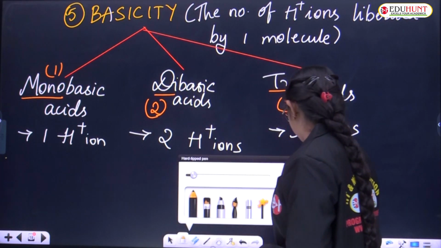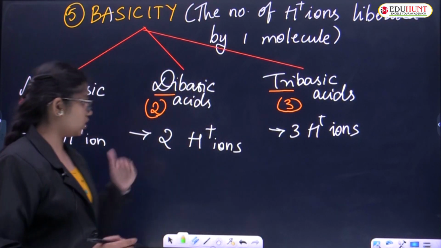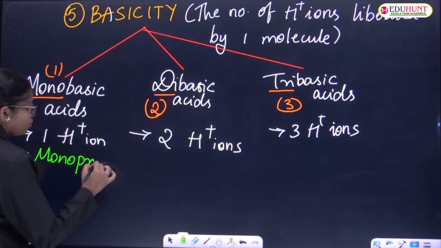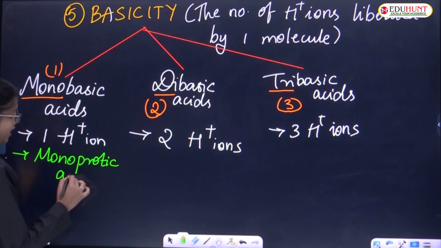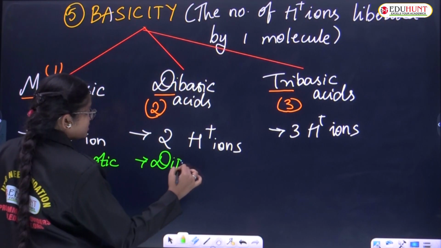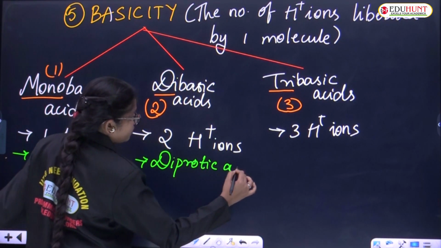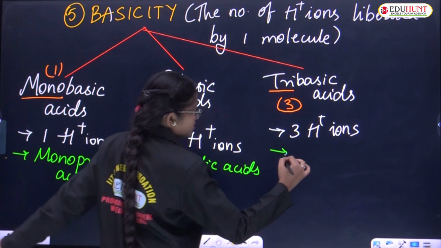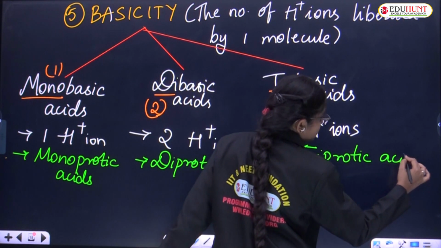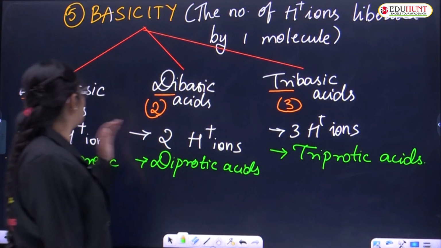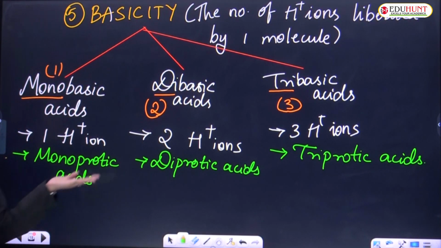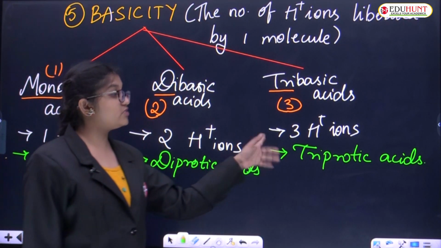There are also other names for these three: monoprotic acids, diprotic acids, and triprotic acids. These are the other names, children, for monobasic, dibasic, and tribasic.